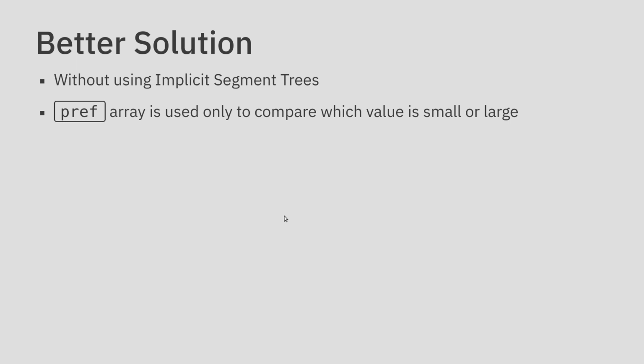We are not using it as a cost function in any dp index or anything. We are just using it to compare which values are smaller or larger for indices. So we don't need to store those large keys, right?